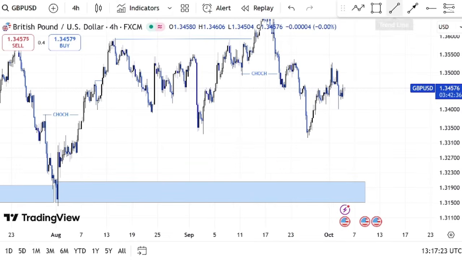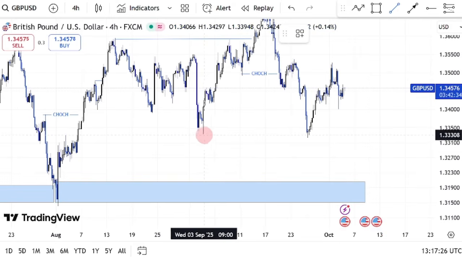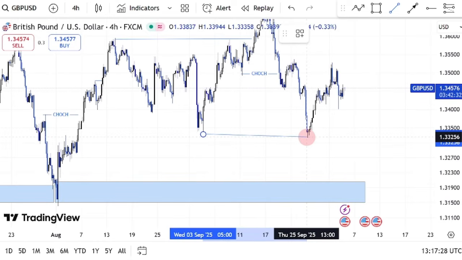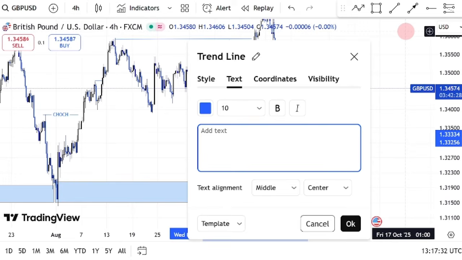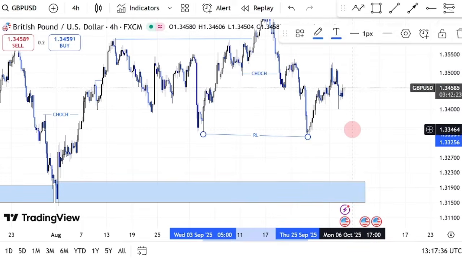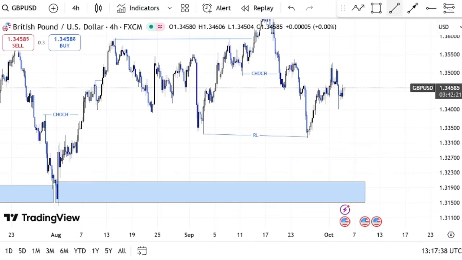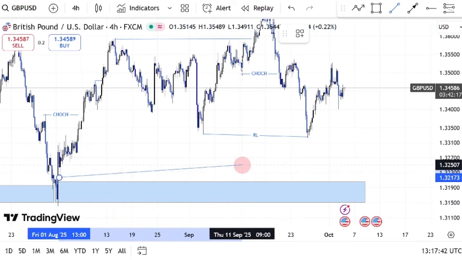Here we have our relative equal lows. So that's our relative equal lows, with liquidity sitting at this point.